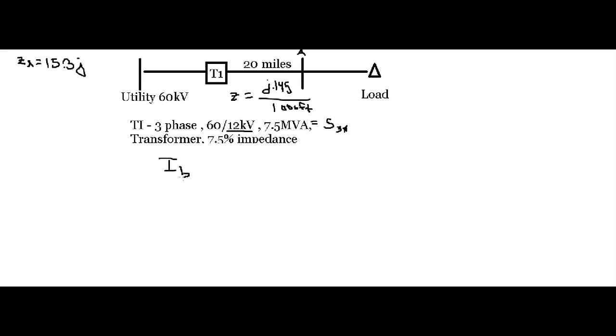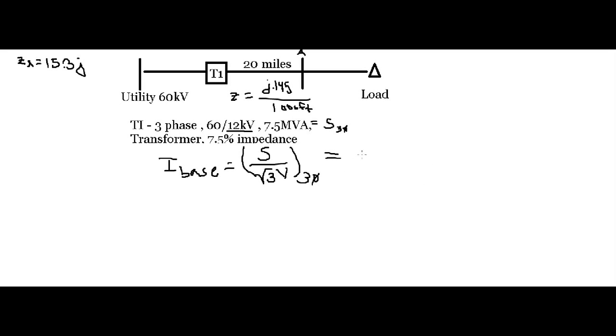So after I selected those, I calculated the base current. So I base is equal to S divided by the square root of 3 times V. And this is a three-phase base, and for the three-phase base you use the three-phase power and the line-to-line voltage, which is the 12 kV they give you in the problem.